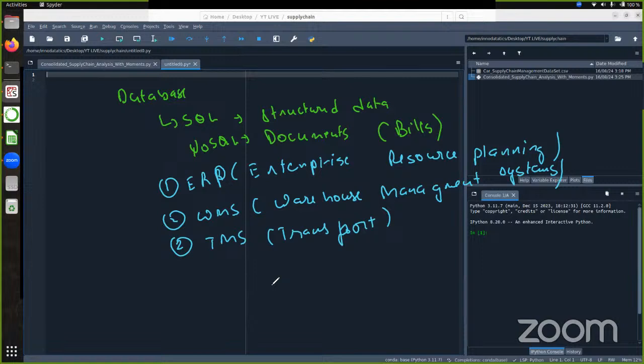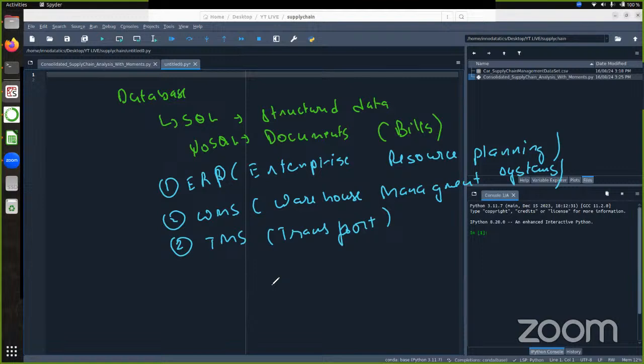Okay. So we are going to look at shipping routes. We are also going to look at performance of various different sources of transportation. We are going to look at the costs which are involved in transporting any goods. And we are going to look at delivery time. How much time does it take to deliver goods from point A to point B? Okay.